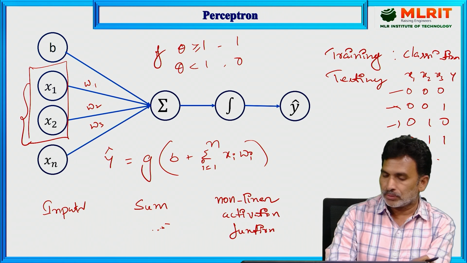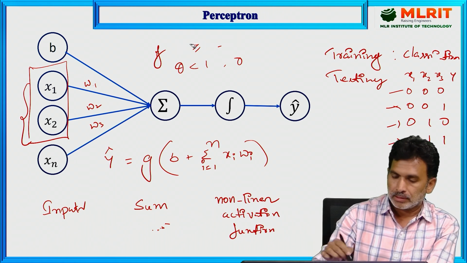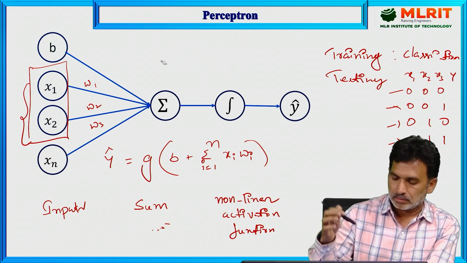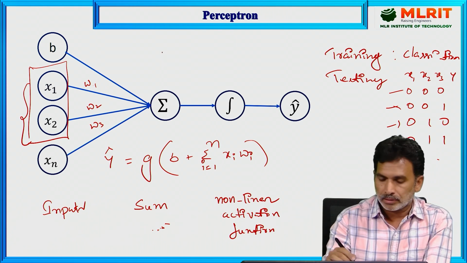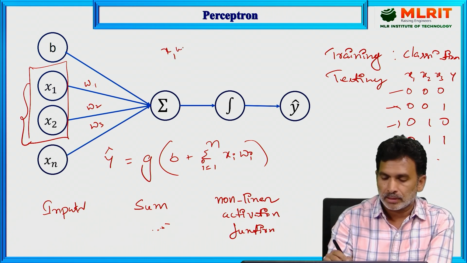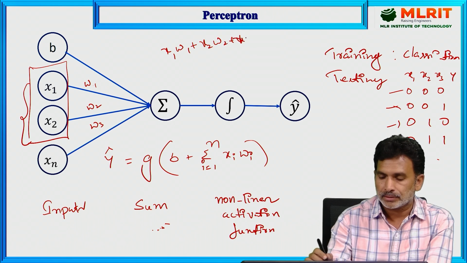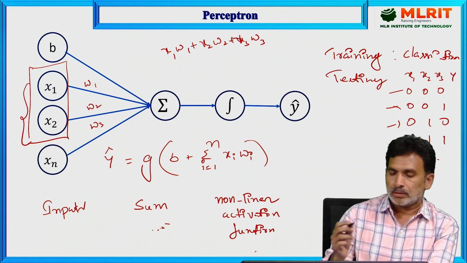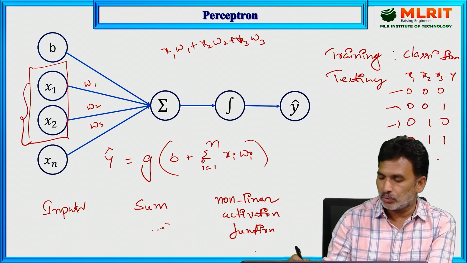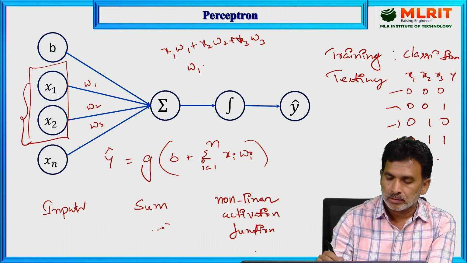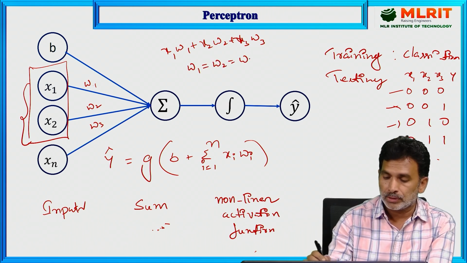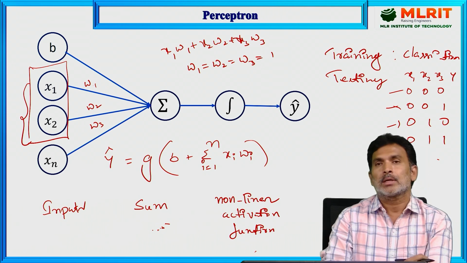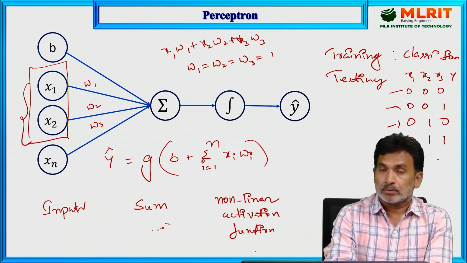In that case also, the summation would be expressed as x1 w1 plus x2 w2 plus x3 w3. For example, if you take w1 equal to w2 equal to w3 equal to 1, that means all weights are the same.